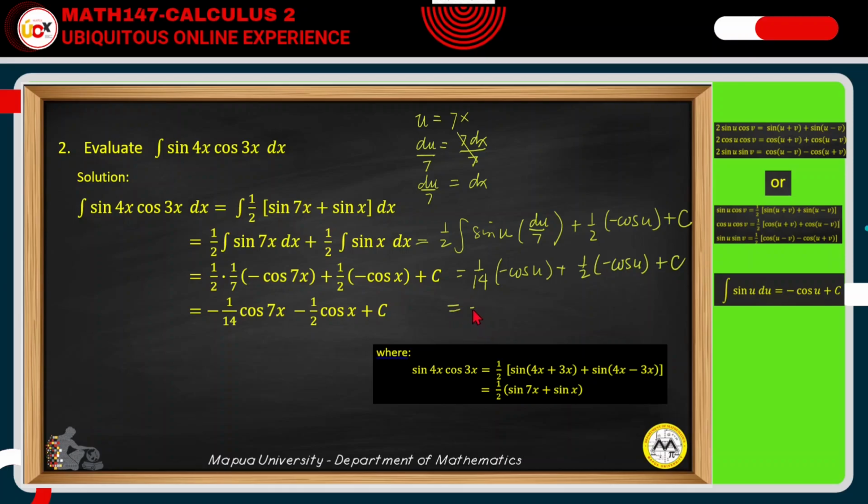Or you can write this as 1 over 14 times negative cosine u minus 1 over 2 cosine x plus c, where u here is 7x. So you have negative 1 over 14 cosine 7x minus 1 over 2 cosine of x plus the constant c. So this is the final answer.